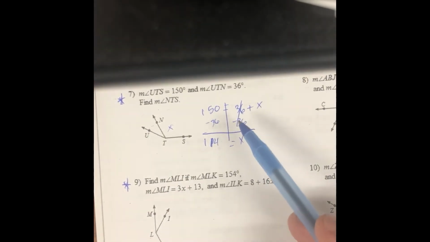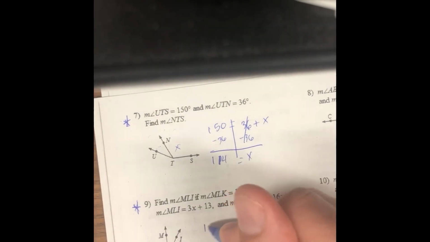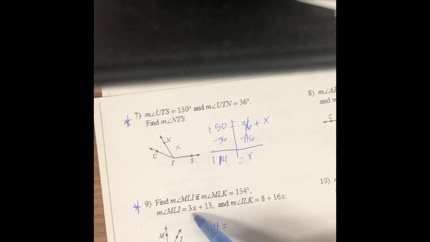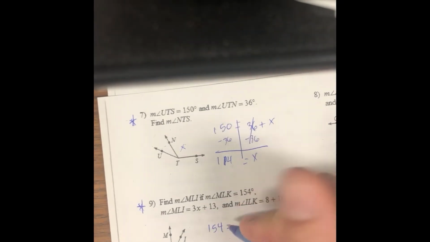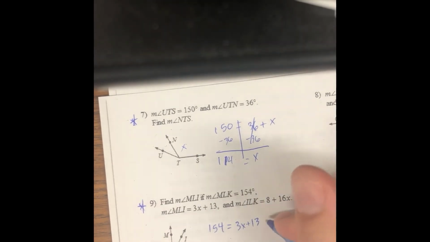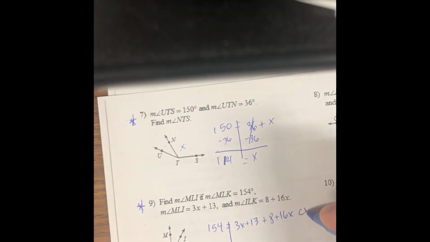Okay. And then we get to the exact same thing, except we're using expressions now instead of integers. So it says MLK, that's the whole thing, is 154, is equal to MLI, which is 3x plus 13, and then ILK is 8 plus 16x. So it's the same thing. The total is equal to the two parts. Combine like terms first. 16x plus 3x is 19x.